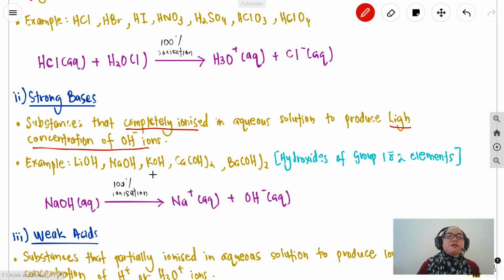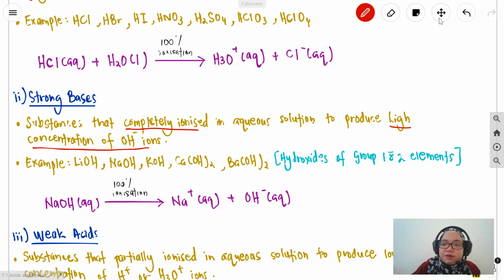Examples of strong bases are lithium hydroxide, sodium hydroxide, potassium hydroxide, calcium hydroxide, and beryllium hydroxide. Any hydroxide from group 1 and 2 elements is a strong base.